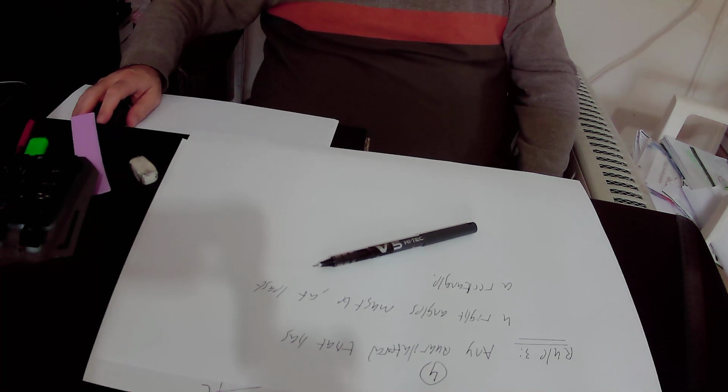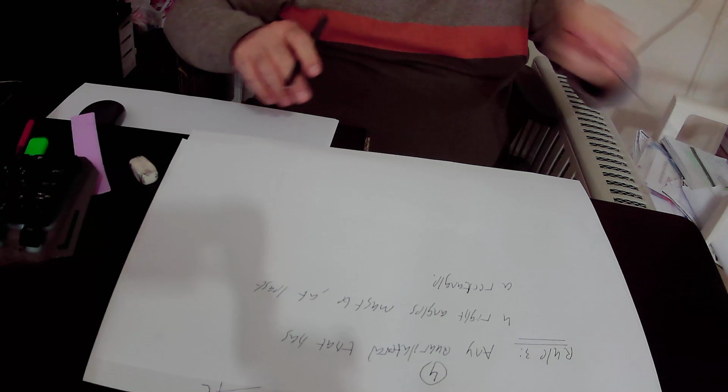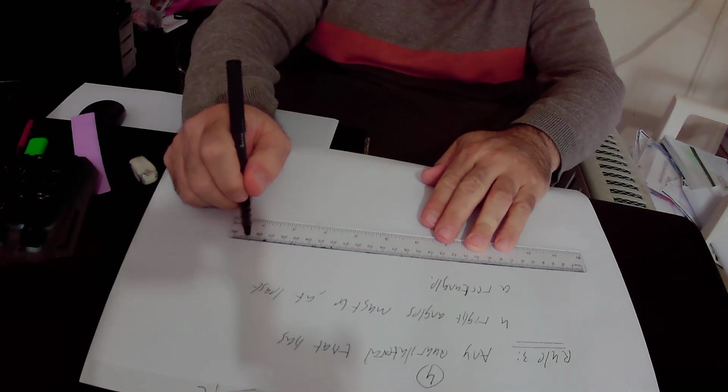So quadrilateral MNOD must be at least a rectangle, if not a square, according to rule number 3.